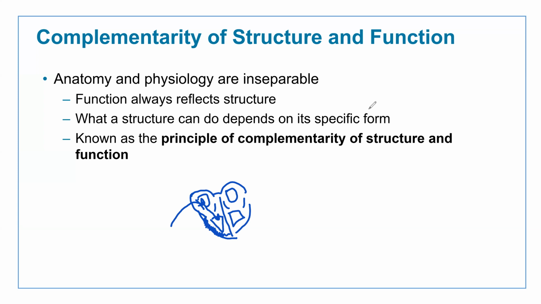So obviously the heart should have a different structure compared to your liver because they have different functions. That's what the principle of complementarity of structure and function tells you. What a structure is will always be reflected in the function that the structure can perform.